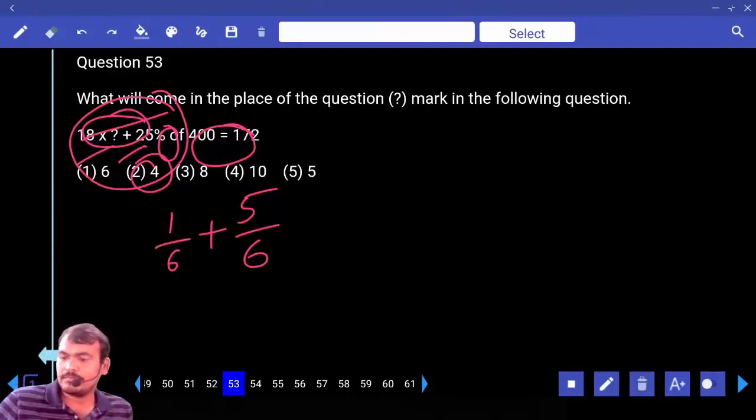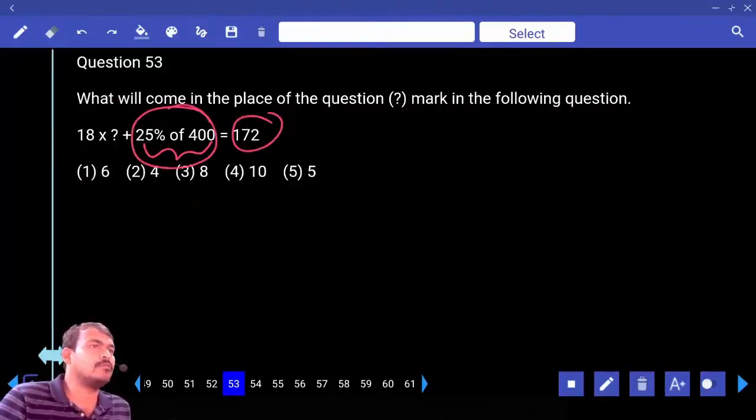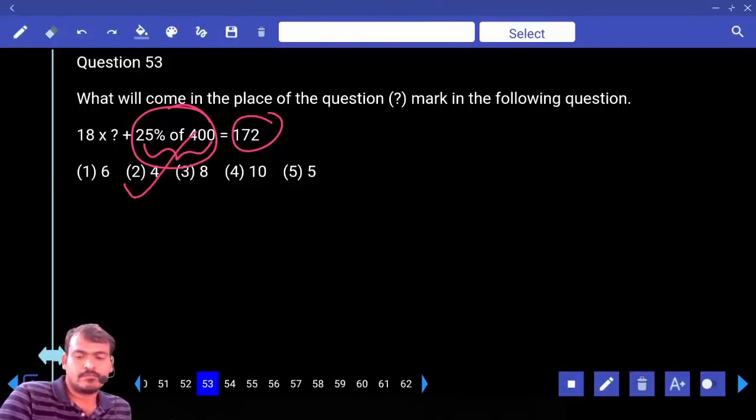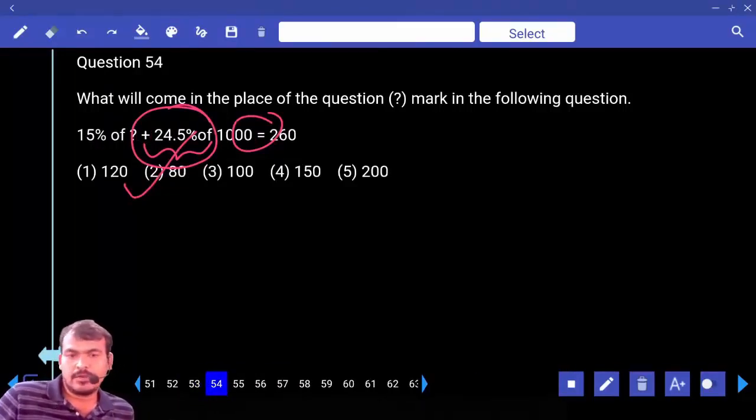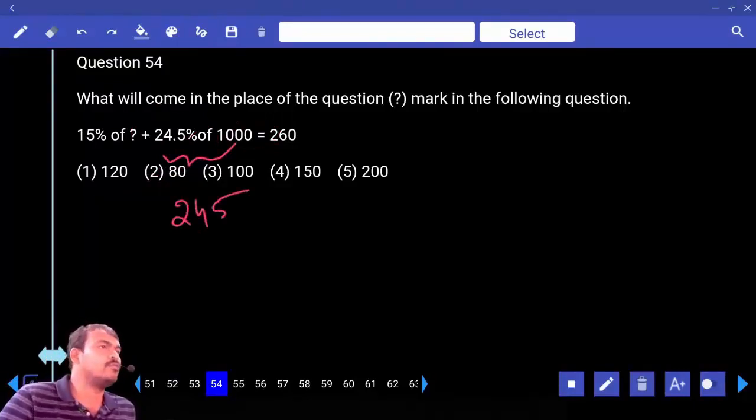Next, 53. 25% of 400 means 100. Out of 172 we are subtracting 100, or not. What is the remaining value? 72. It is equal to 18 into something, so something must be 4. Next, 54. 24.5% of 1000 is how much? 245, or not.